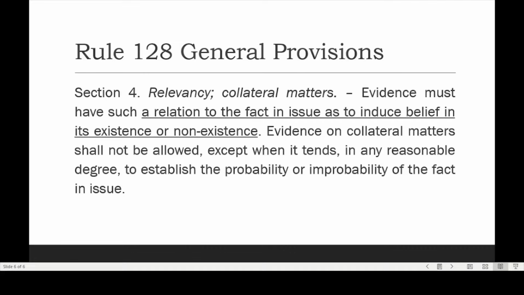It says here that evidence must have such a relation to the fact in issue as to induce belief in its existence or non-existence. So it means that an evidence is relevant to the fact in issue if it has such a relation to that fact as to induce belief in its existence or non-existence.